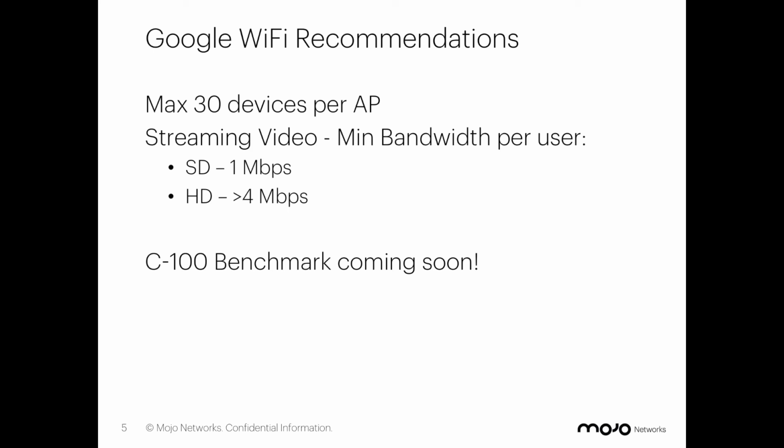And in classrooms, video has become increasingly important, so you need to have a minimum bandwidth per user. If you're running standard definition video, that's about 1 megabit per second for 30 clients concurrently. And if you're running HD video, that's over 4 megabits, roughly 4 to 8 to 12, depending on the content. So you need that per user for each session.